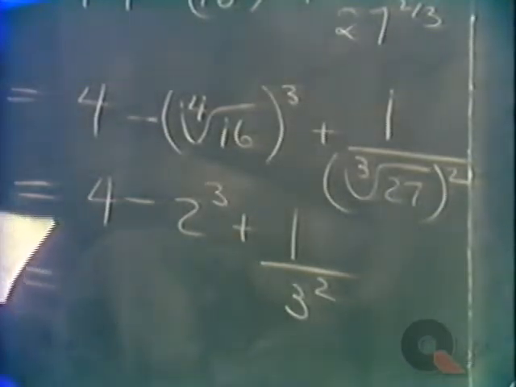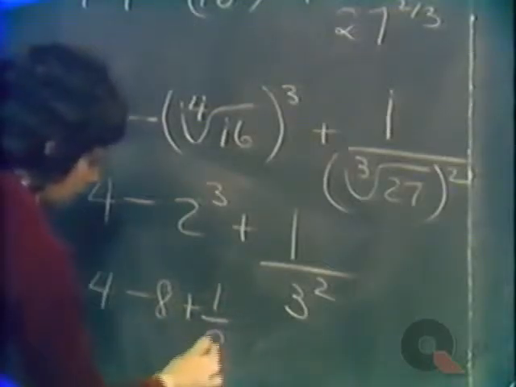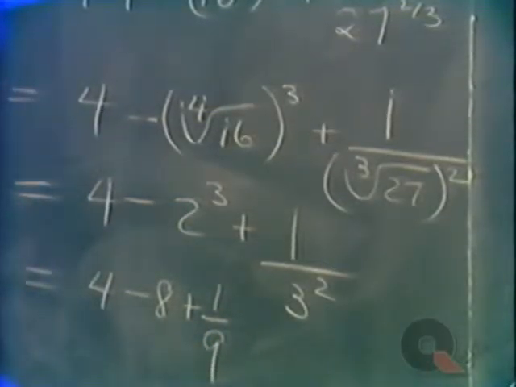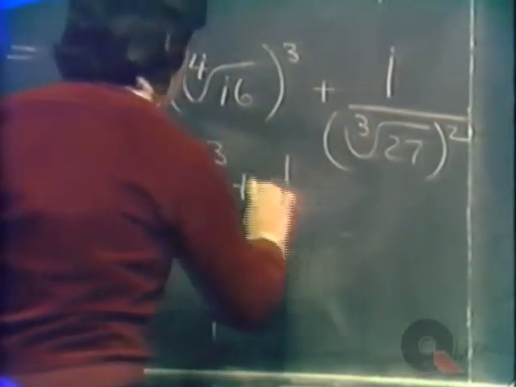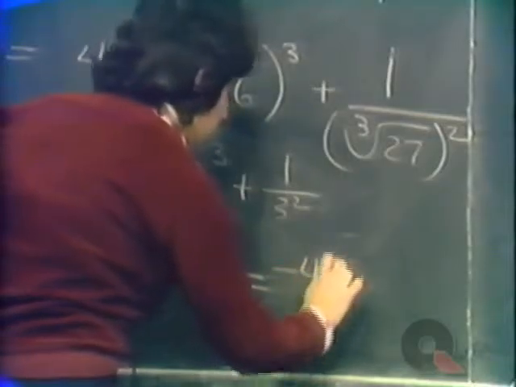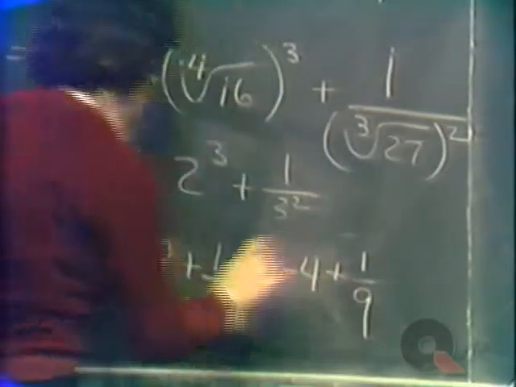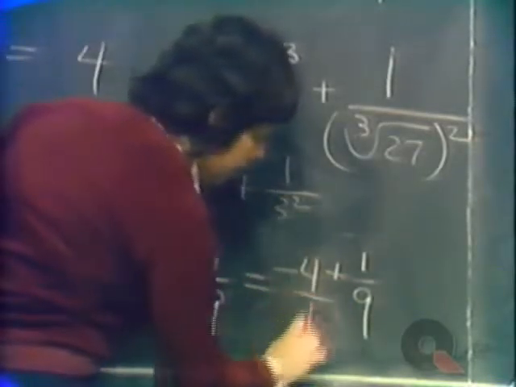So let's see what we have. We have 4 minus 8 plus 1/9, or minus 4 plus 1/9. 4 minus 8 gave us minus 4. And then we can combine over a denominator of 9.